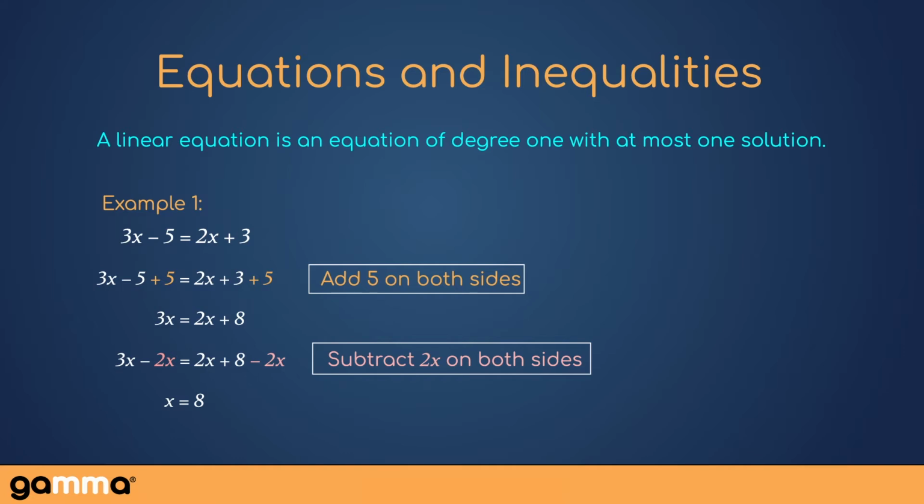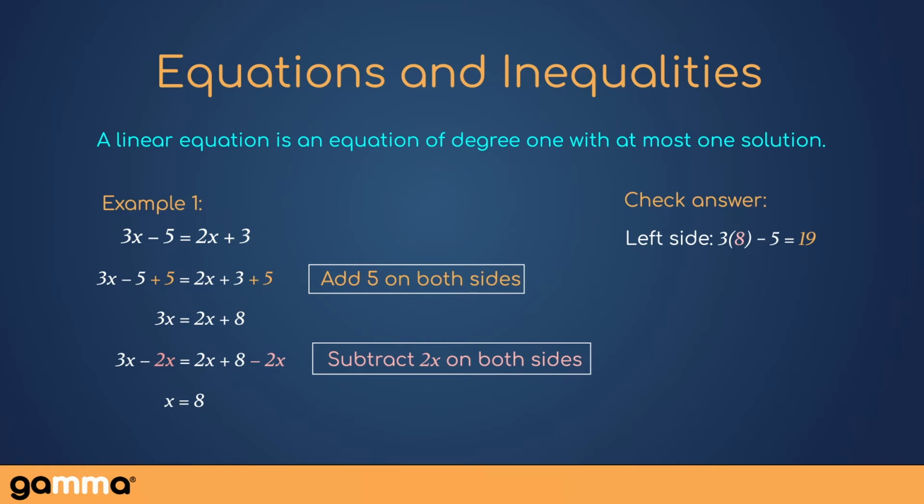Now, there's also a way to check your answer. To check your answer, you take the left-hand side and substitute your x value, and you take the right-hand side and substitute your x value. If the numbers are the same, it means that your answer is correct. So let's do that. The left-hand side is equal to 3 into 8 minus 5, which is 19, because x is equal to 8.